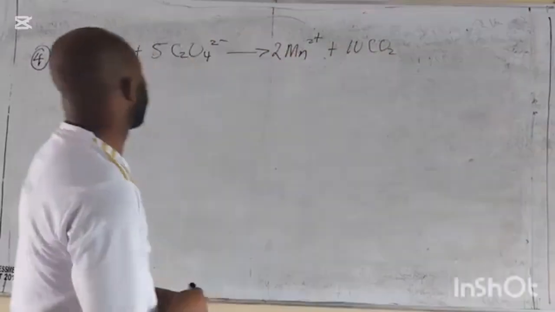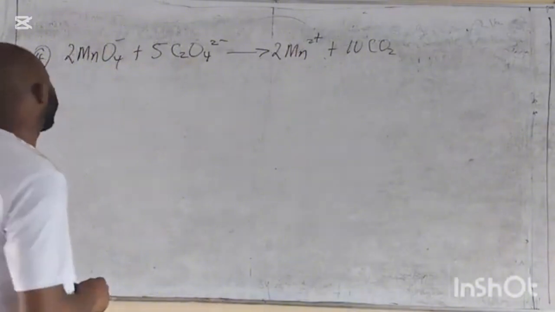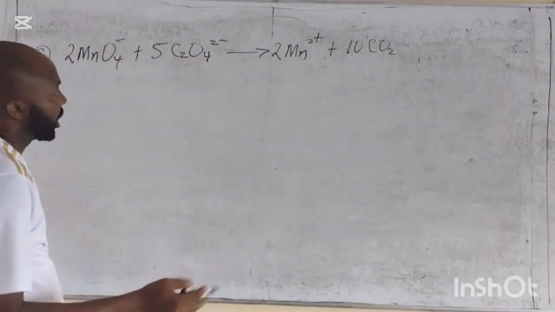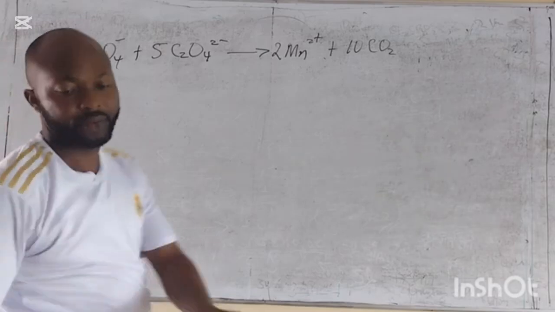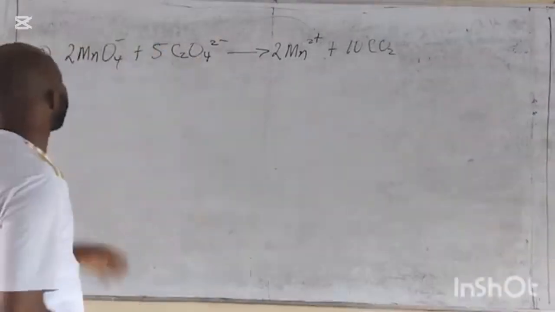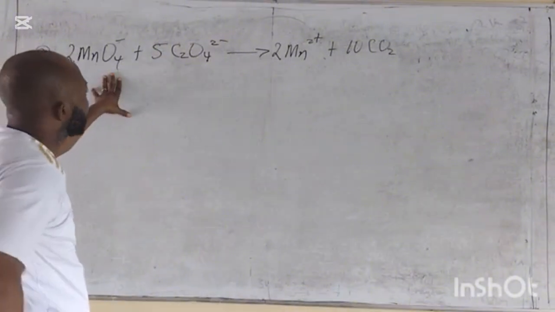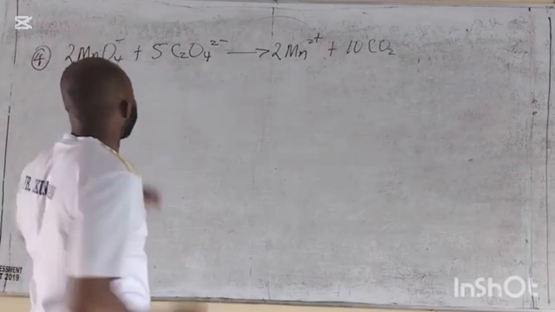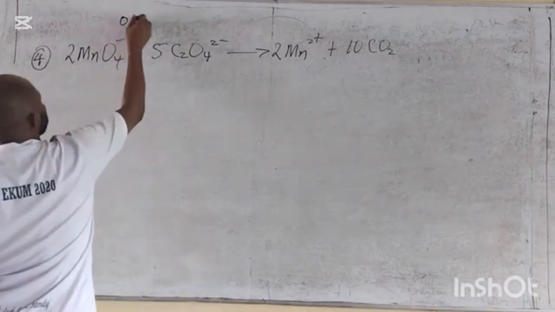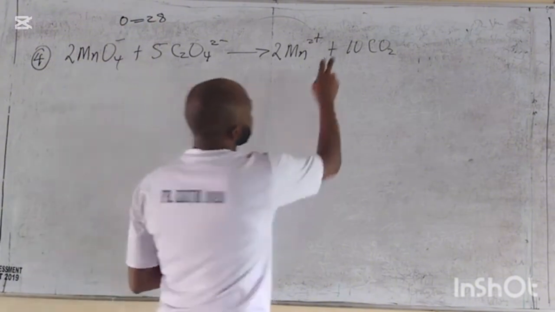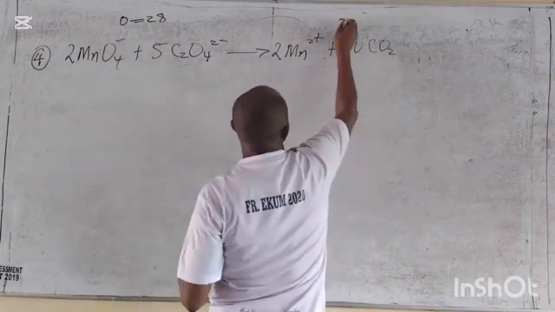So here again they've done the needful. All we need to do is to balance oxygen and hydrogen. Now oxygen here we have 2 times 4, 8, and 5 times 4, 20, so 28 oxygen here. Here, 10 times 2 for oxygen, 20.